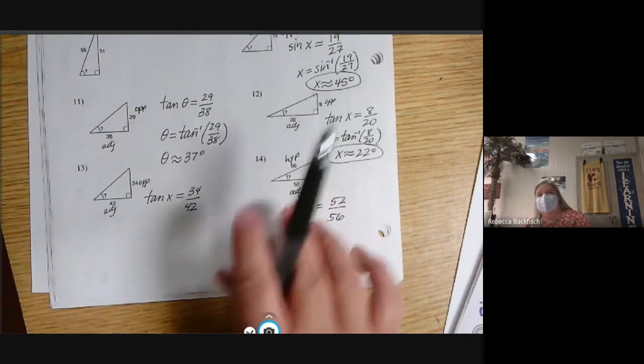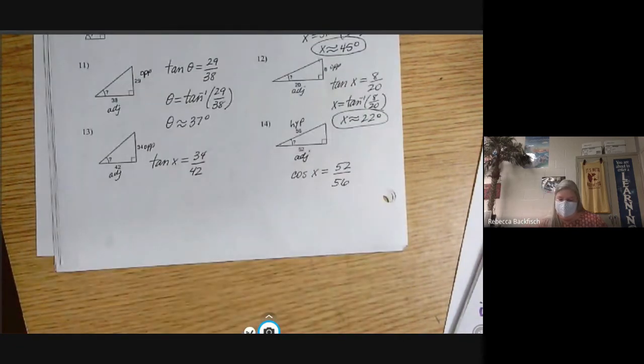Okay, so number 13, let me ask. Jennifer, what did you get for number 13? Hang on, hold that thought while I get my answer, so I know if you're right or not. Go ahead. I got 39 also.